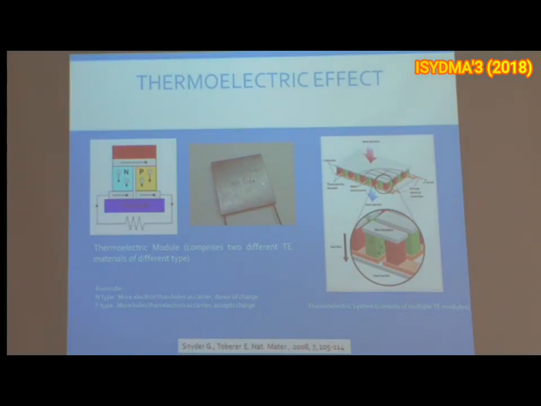As you know, if you have a system with a cold and a hot side, so a difference of temperature, you can induce a current, you can induce a voltage. And we apply it for our system, and we use bismuth telluride with 2% of the gel carbon dust.